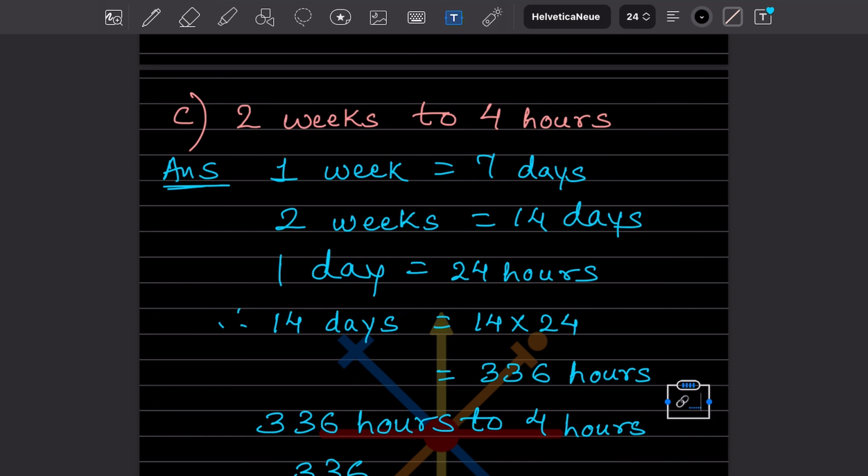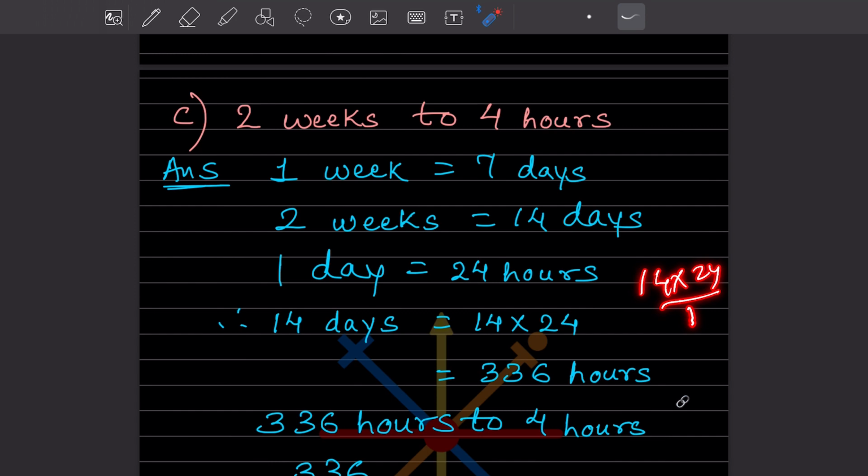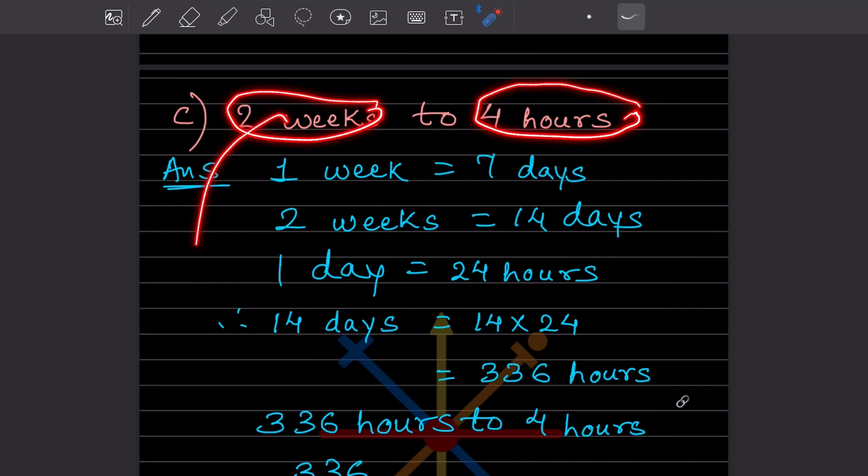So you will do, now look here, these two numbers are here. So 14 into 24. And of course this 1, 14 into 24 divided by 1. So that will be the same 14 into 24, that is 336, because this we converted into hours. So this also should be in hours. And now what did you get here? Already this 4 hours you have over here, and in place of this 2 weeks, you got 336 hours.